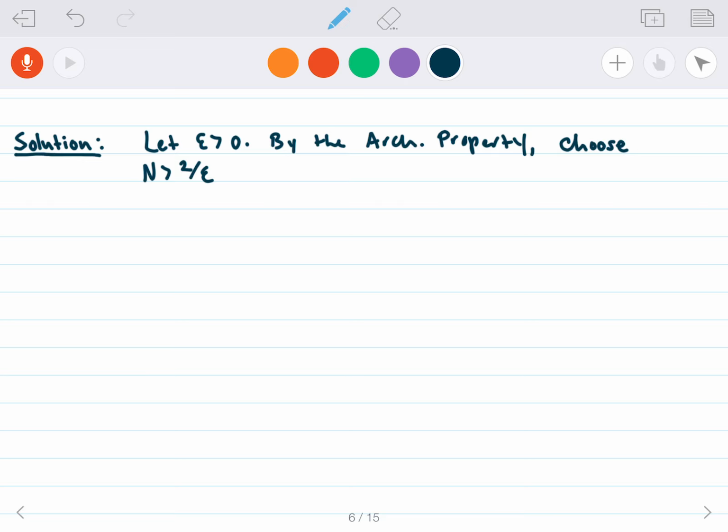Well, that means that if I take the reciprocal here, I just flip the inequality sign. This means that 1 over capital N is going to be less than epsilon over 2.